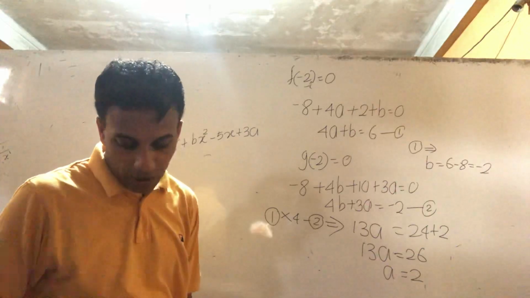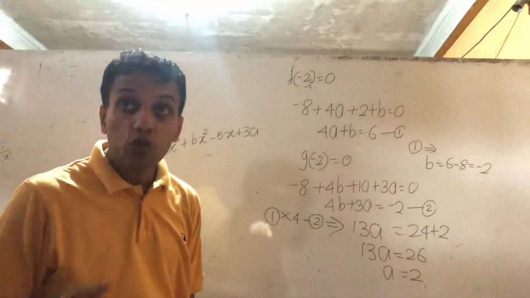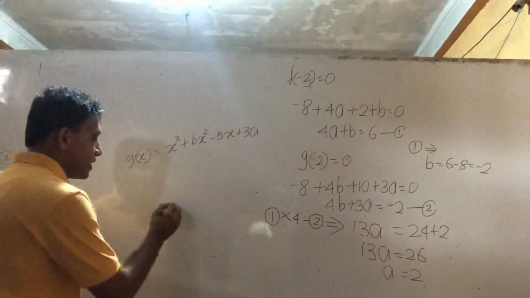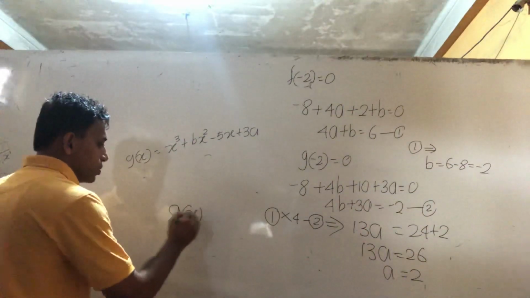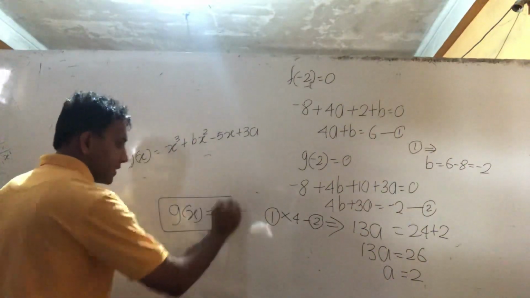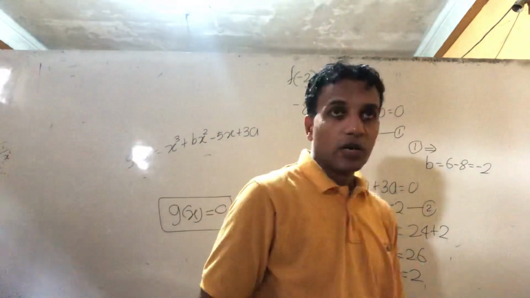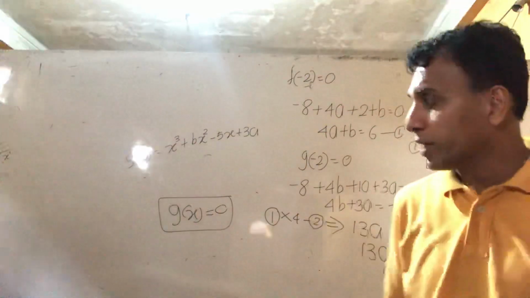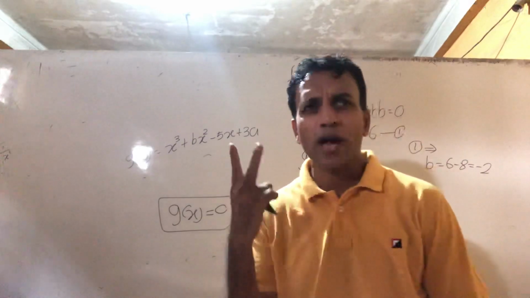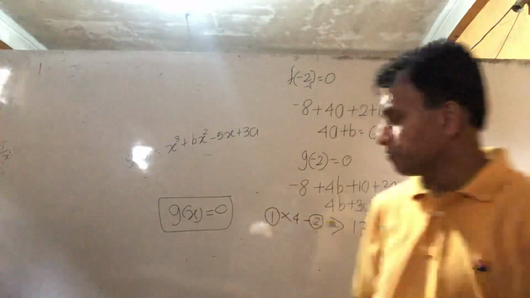And the other part, solve the equation g(x) equals 0. So this is the first time I am showing how to solve the equation. You learned in primary O level classes how to solve quadratic equations. There are two answers. We'll see also how.